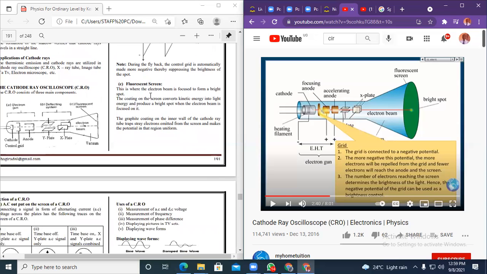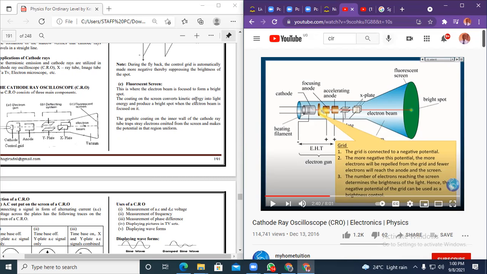Okay, so we looked at the fluorescent screen and its purpose. We say that it's where the bright spot is formed. It is coated, and it absorbs the kinetic energy of those electron beams. Now, there's a question that asks to state the energy changes that take place. You see here that the coating on the screen converts kinetic energy into light energy. Which kinetic energy?